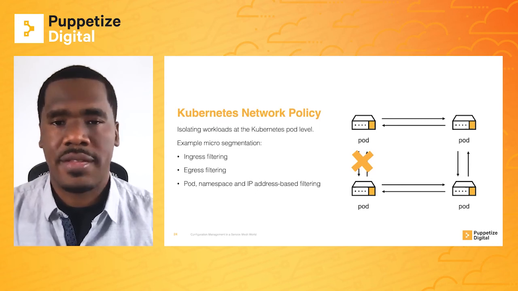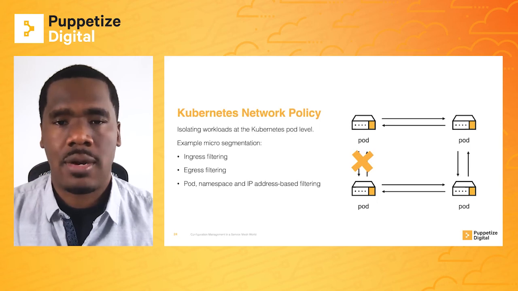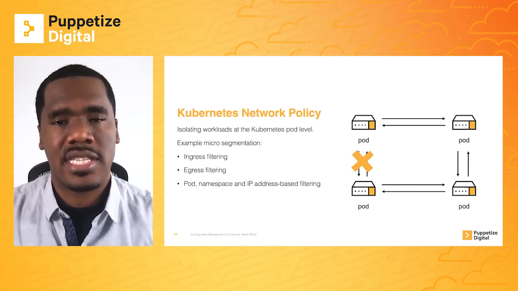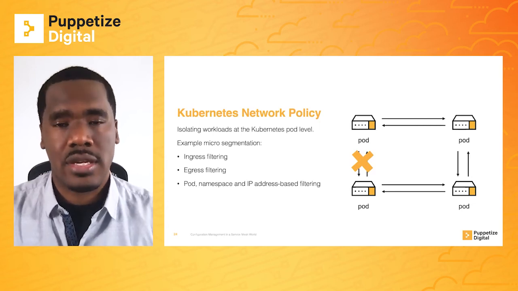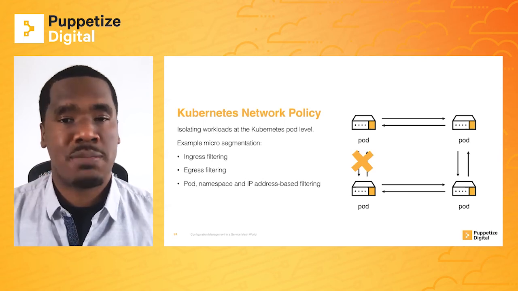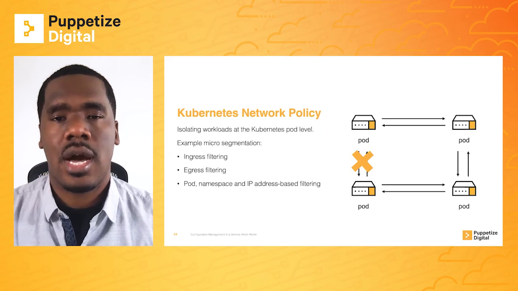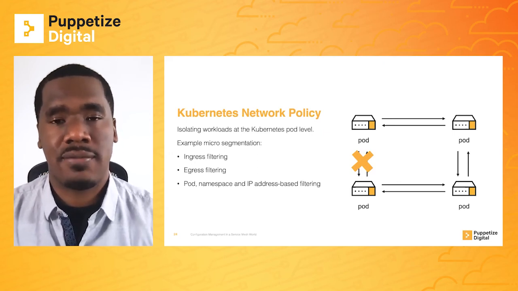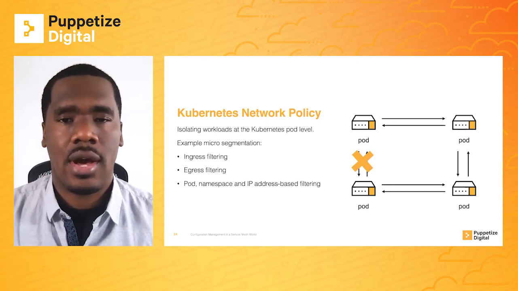So there are often policies where I may lock it down to a namespace where only pods in a particular Kubernetes namespace can talk to one another, or I may get even more granular to the point where I want to explicitly define which pods can and cannot talk to one another to ensure we're reducing the possibility for lateral network movement in this case, potentially a rogue pod.